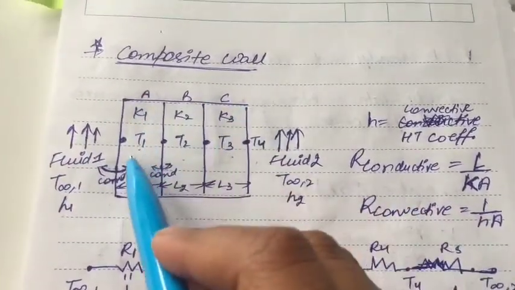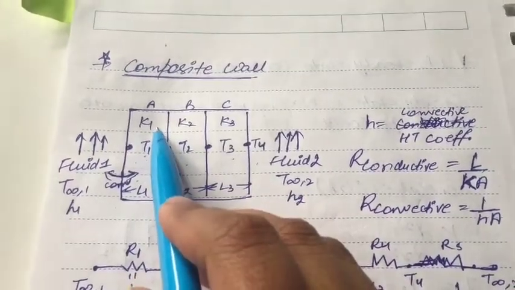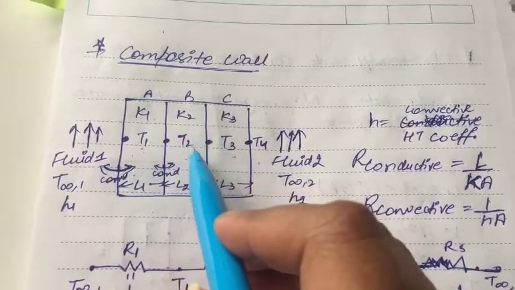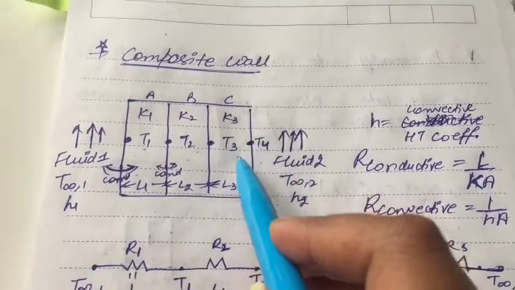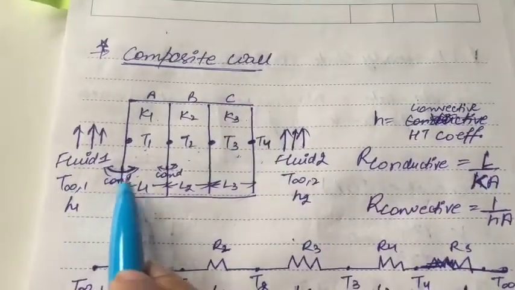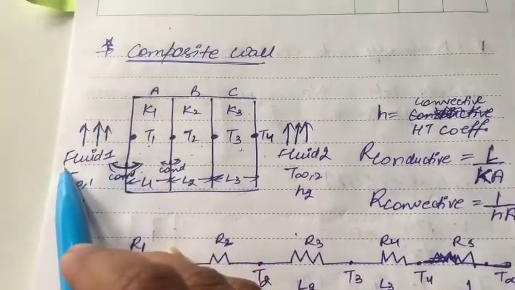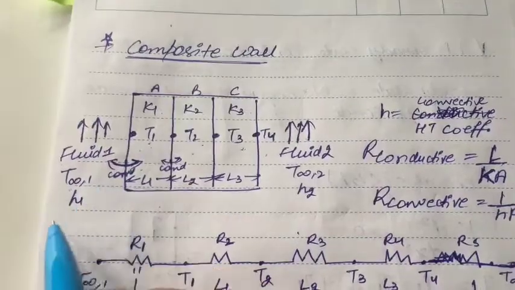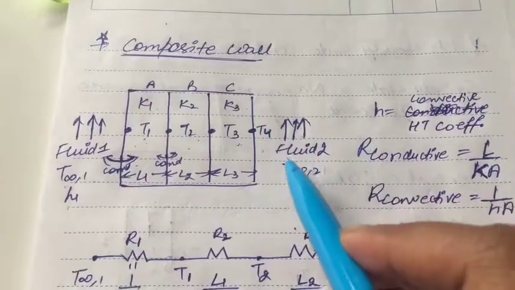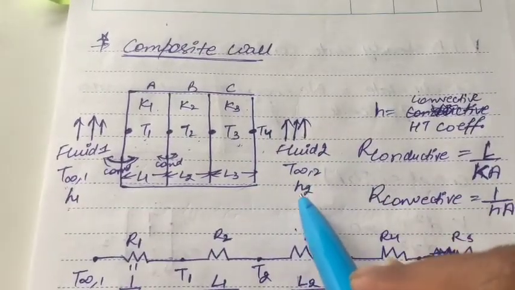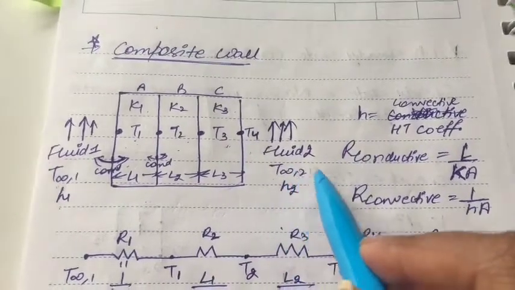Slabs A, B, C: slab A has temperature T1 and conductivity K1, slab B has temperature T2 and conductivity K2, slab C has temperature T3 and conductivity K3, and the lengths of the slabs are given as L1, L2, L3. The outside fluid 1 temperature is T infinity 1 and its heat transfer coefficient is H1. For fluid 2 we have heat transfer coefficient H2 and temperature T infinity 2.